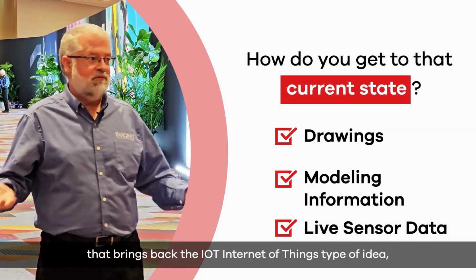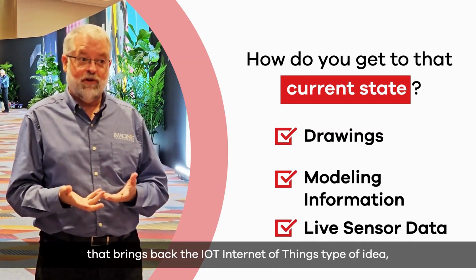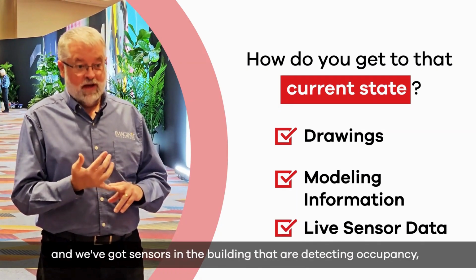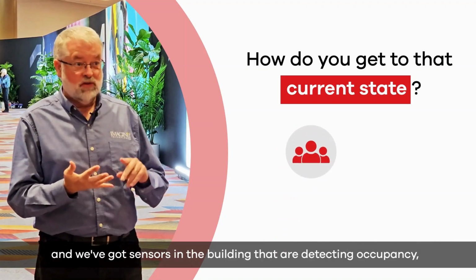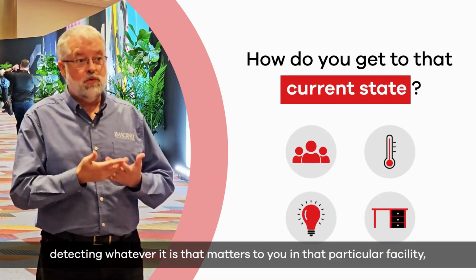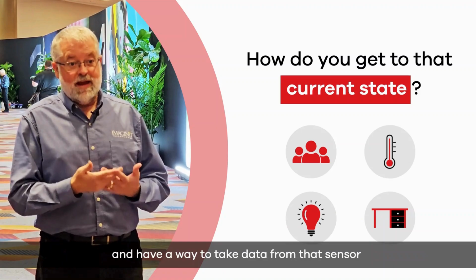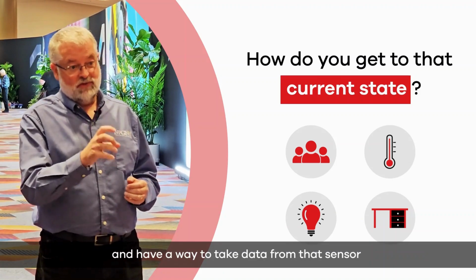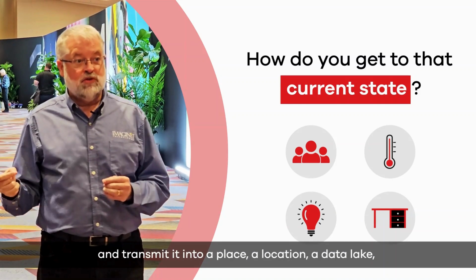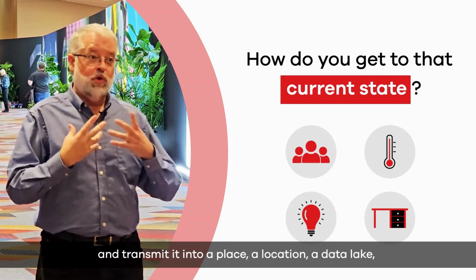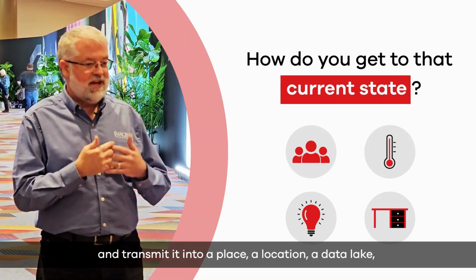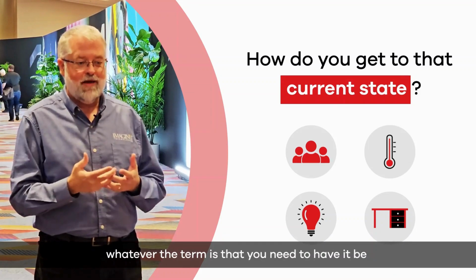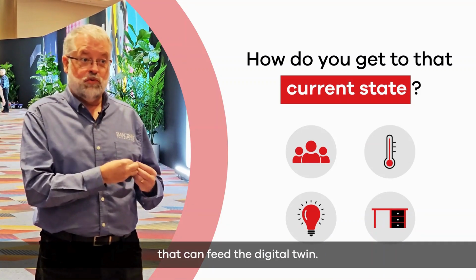That brings back the IoT, Internet of Things type of idea, where we've got sensors of the building that are detecting occupancy, detecting temperature, detecting whatever it is that matters to you in that particular facility, and have a way to take data from that sensor and transmit it into a place, a location, a data lake, whatever the term is that you need to have it be, that can feed the digital twin.